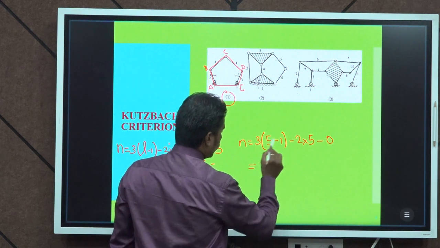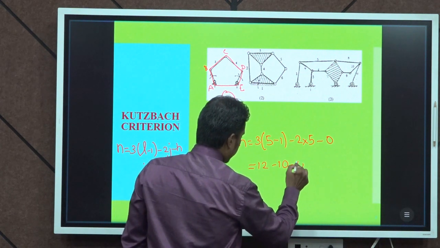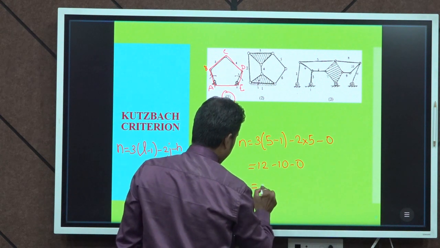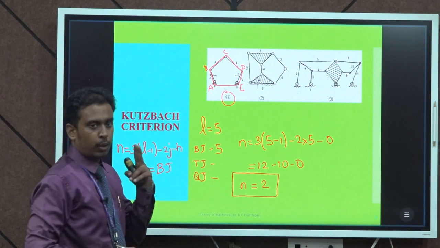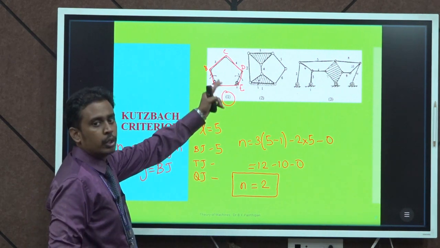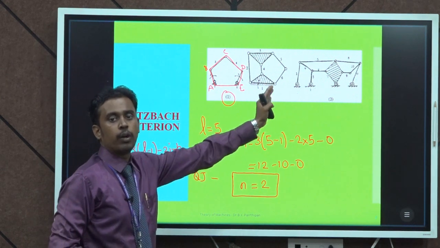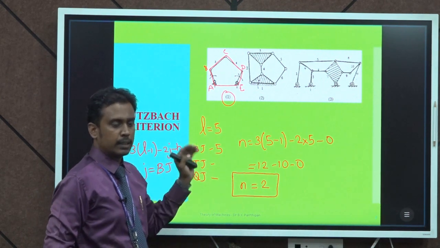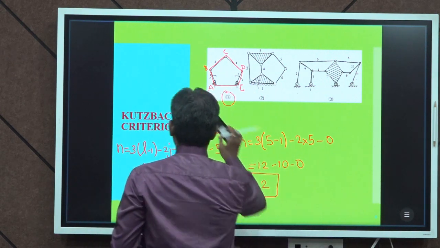So, 5 minus 1 is 4, 4 into 3 is 12, minus 10, minus 0. So, in this case n is equal to 2, which means it requires 2 inputs to convert this arrangement into a mechanism for doing useful work. That is the meaning. Now, let us solve the next problem.